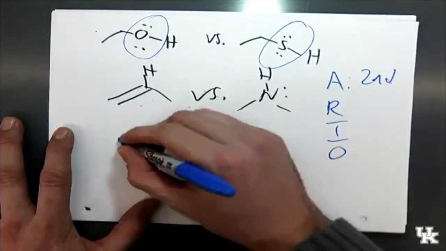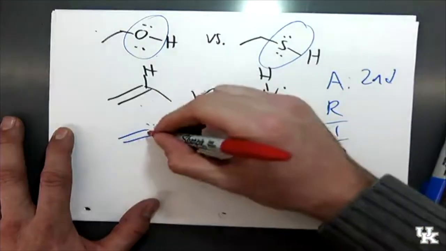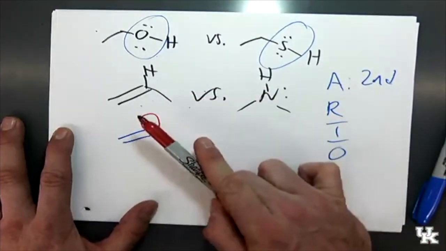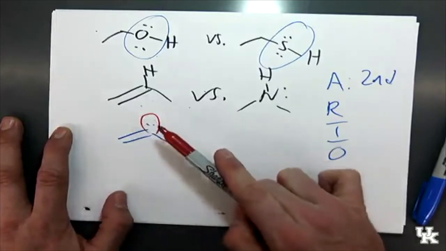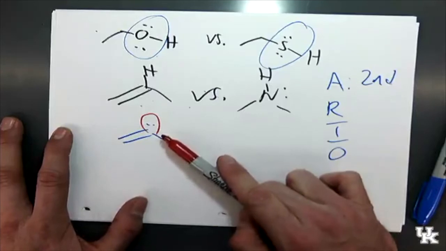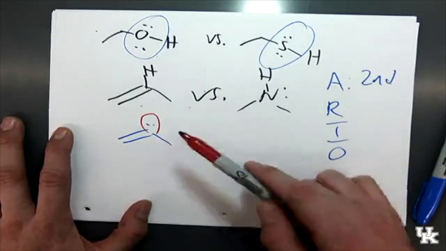If you doubt me, which is cool, answer me this. What is the hybridization of that lone pair? Whoops, it's covered up. Is it a p orbital or an sp2 orbital? All right, I heard some sp2s.